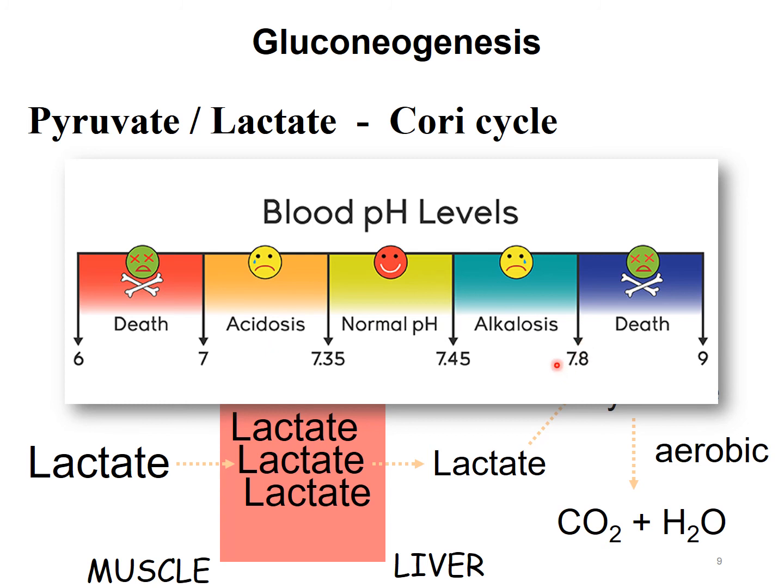So for example, when the pH is lower than 7 or higher than 7.8, all our enzymes around the body will start to denature or lose their activities. And it is not just about the enzymes, because all other proteins such as structural proteins, antibodies, channel proteins, will be affected. So if lactic acid is accumulated in our bloodstream, it is really dangerous.